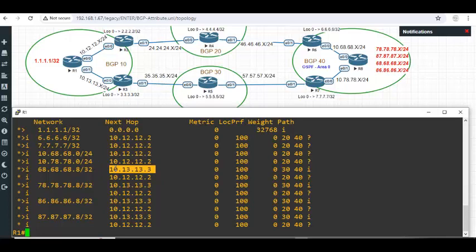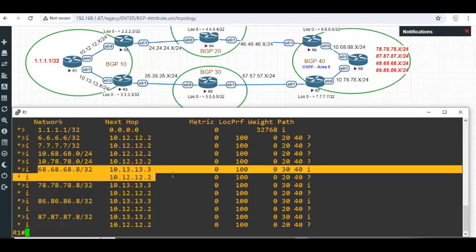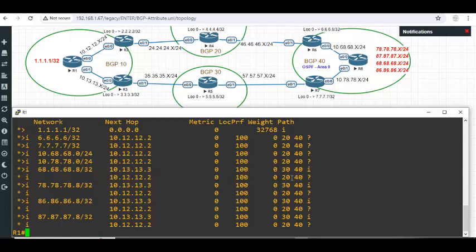Same way, that same network 68 also enters router 20, but through redistribution. I mean, using the network command, internally BGP is advertising, whereas this one is from some other source, it is advertising, meaning redistributed.